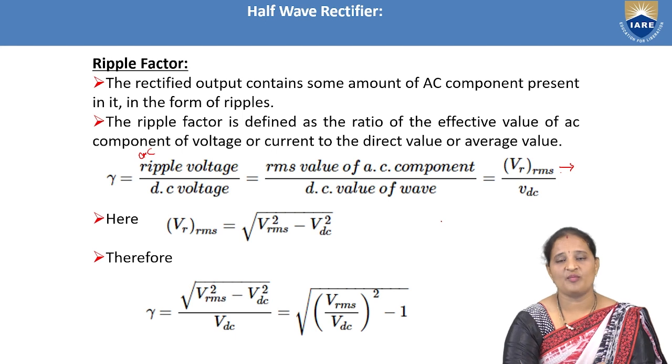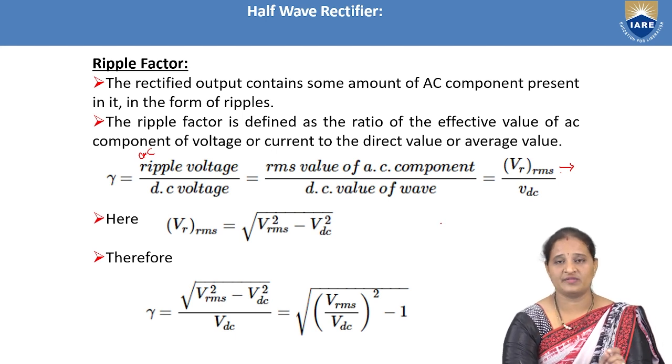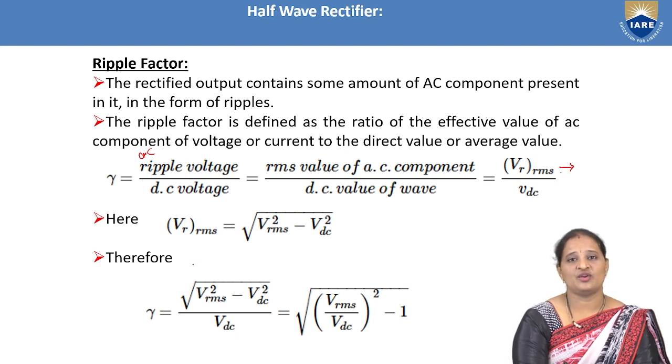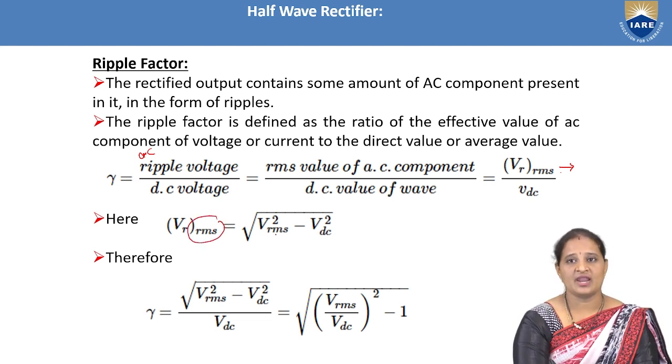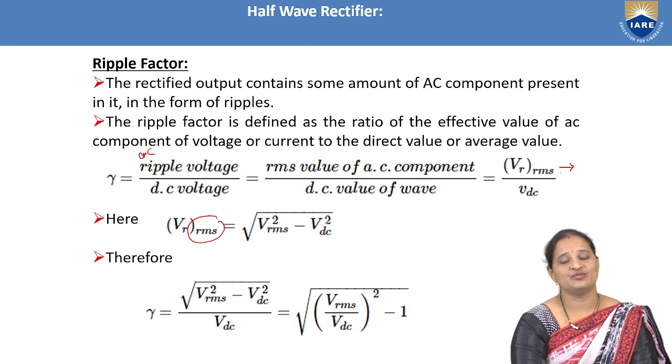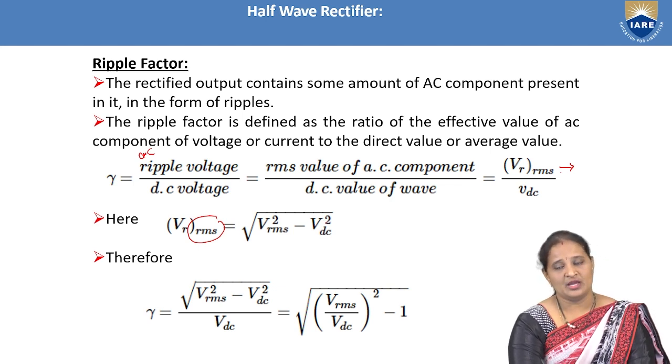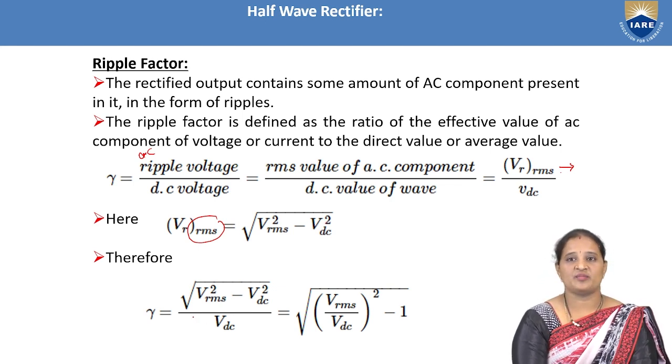If you subtract the DC component from the AC component of the output voltage, then we can have the RMS value of the ripple voltage. So Vr RMS is the square root of Vrms square minus Vdc square. Just substitute that in this formula.